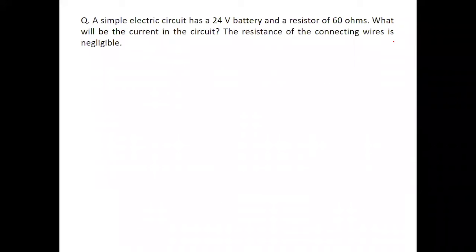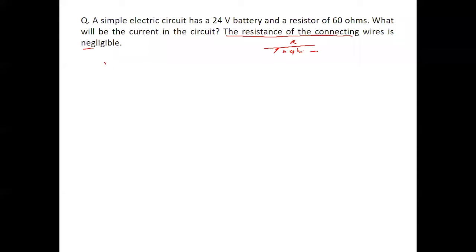Next question. A simple electric circuit has a 24-volt battery and a resistor of 60 ohms. What will be the current in the circuit? The resistance of the connecting wire is negligible. Why do we say this line? Sometimes in the wire also there is a resistance. So we say you consider this resistance negligible and don't consider it.